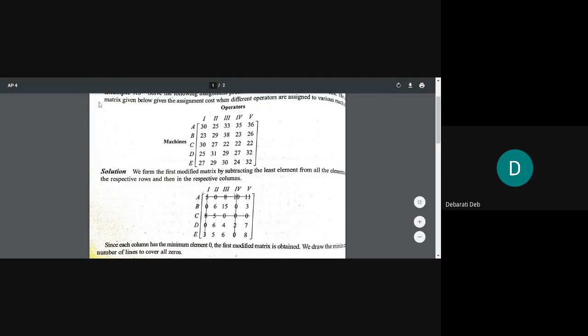So give the heading operators. There are 5 operators. So write 1, 2, 3, 4, 5. These are written in Roman numerals, so you will write as it is. Write Roman I, II, III, IV, and V. The operators are 5 in number.